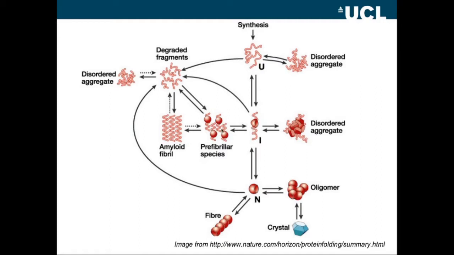The intermediates can also go this way to form amyloid fibrils. We can get the intermediates forming disordered aggregates. The native form can oligomerize to form a crystal, which of course is what we need to happen in order to do crystallography, but we can also get association of the native forms into some sort of fibre.